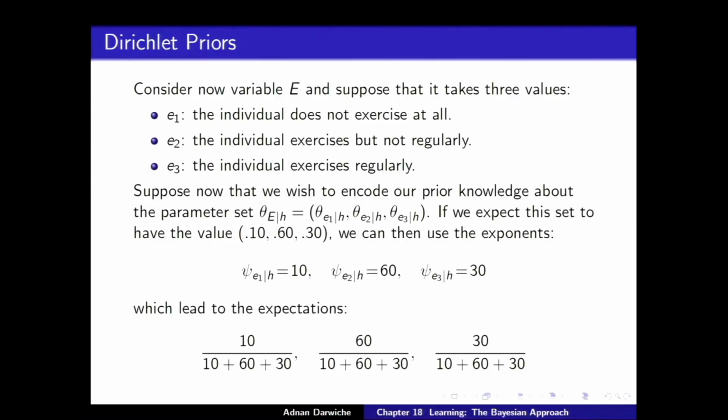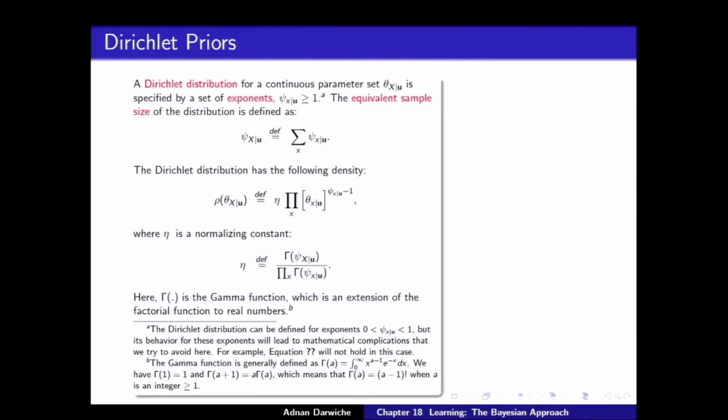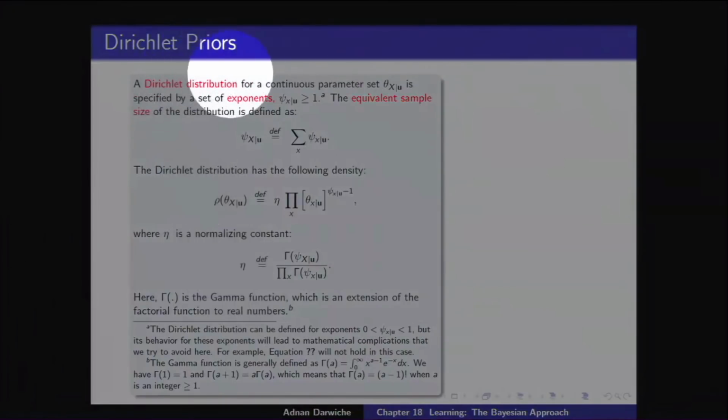We'll tell you a little bit more about the Dirichlet, but if you want to look at the official definition of this distribution and the underlying PDF, here's the definition. A Dirichlet distribution for a continuous parameter set is specified by a set of exponents.